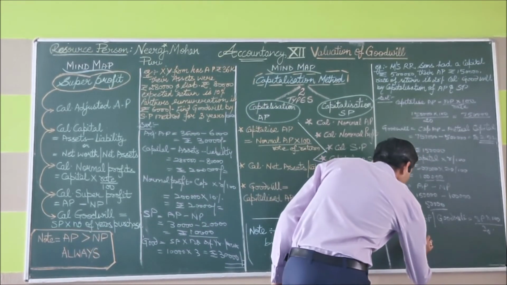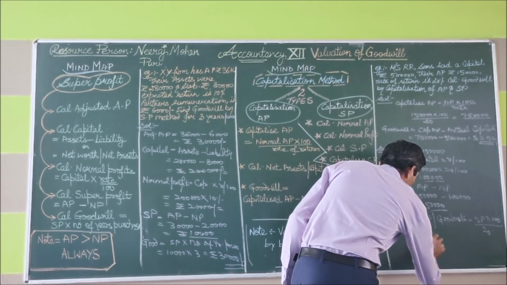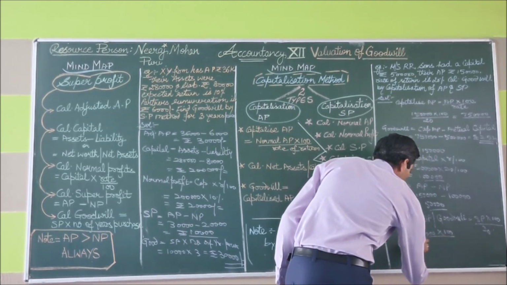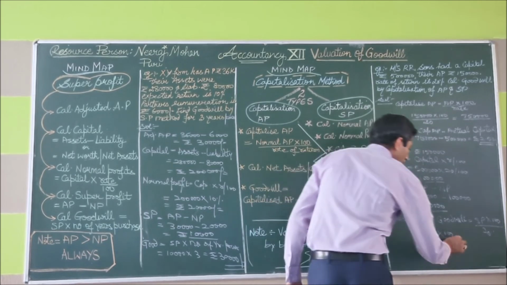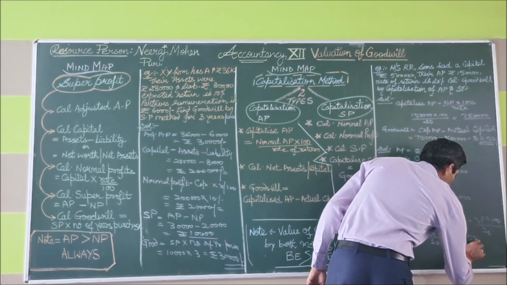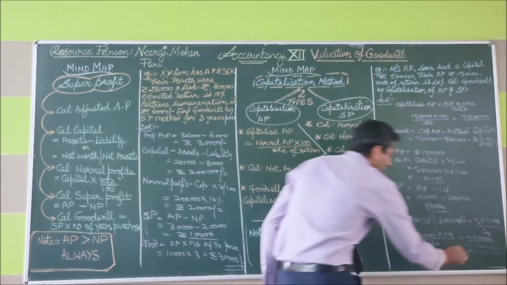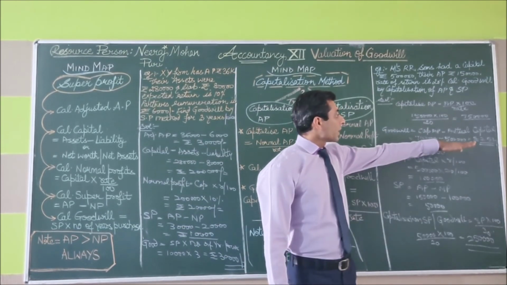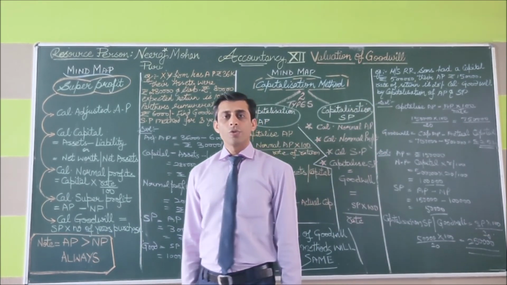Super profit is 50,000 multiplied by 100 divided by 20. This will give us the value of 2,50,000. So in this way, by capitalizing super profit and capitalizing average profit, both the answers are 2,50,000.